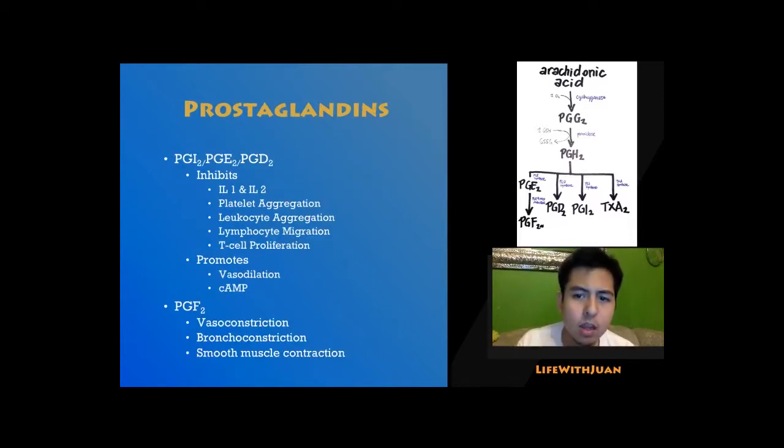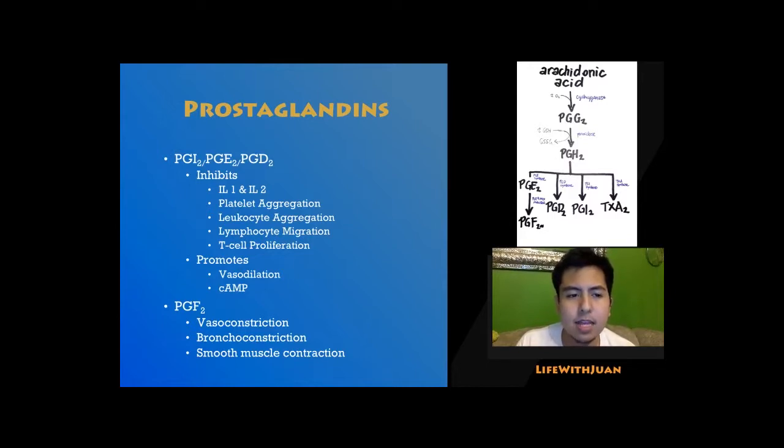Then, we have prostaglandins I2, E2, and D2, which inhibit inflammation. These namely inhibit IL-1 and IL-2. These inhibit platelet aggregation. These inhibit leukocyte aggregation. These inhibit migration of lymphocytes and proliferation of T cells, while these promote vasodilation and cyclic AMP.